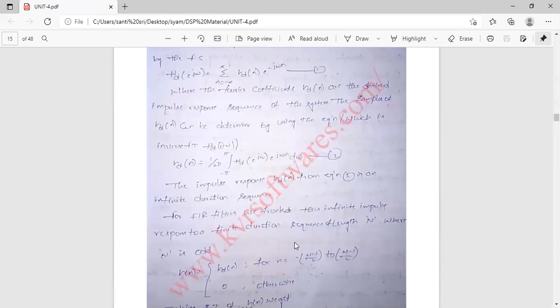So the impulse response HD of n from equation number 2 is an infinite duration sequence. For FIR filters, we truncate the infinite impulse response to a finite duration sequence of length N, where N is odd.